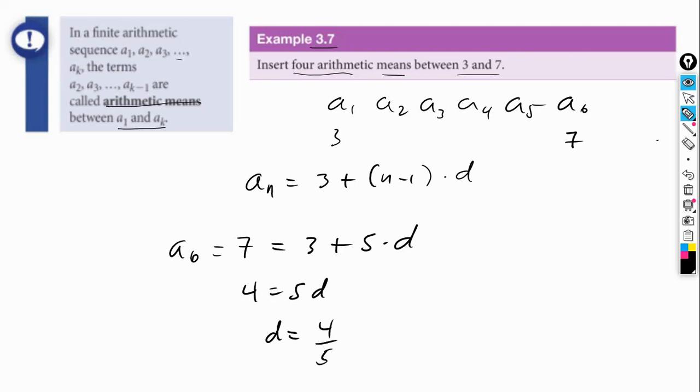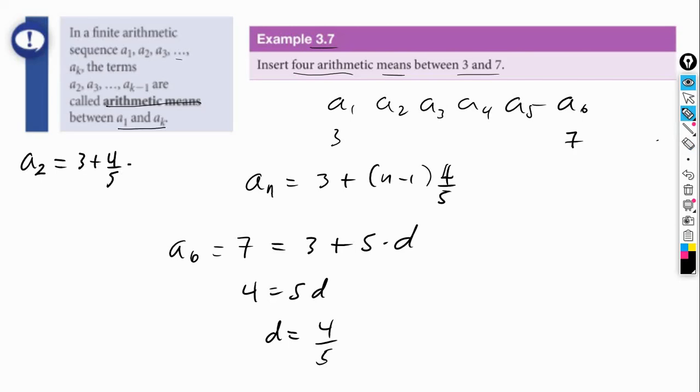So once we have the formula, we can just plug in the following terms, right? Because that means that the common difference is 4/5, and we'll leave it in this form. So 4/5, let's write that here. So what would be the second term? The second term is going to equal 3 plus 4/5.